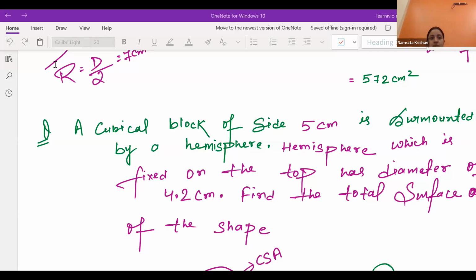Ma'am, I'm getting 163.86 centimeters square. Okay. Yes, this is the answer. Everyone getting the same?